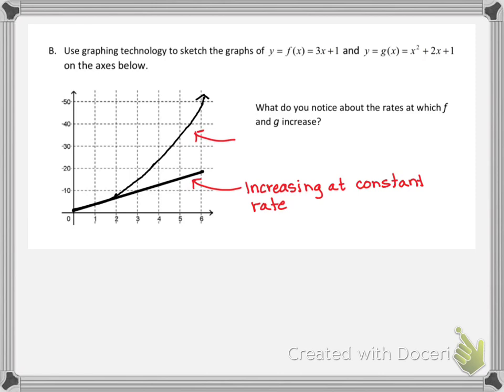So it's increasing because it's going up, and it's increasing at an increasing rate because it's getting steeper. So the rate of increase is itself getting bigger. So it's getting steeper as we move to the right. So it is increasing at an increasing rate.